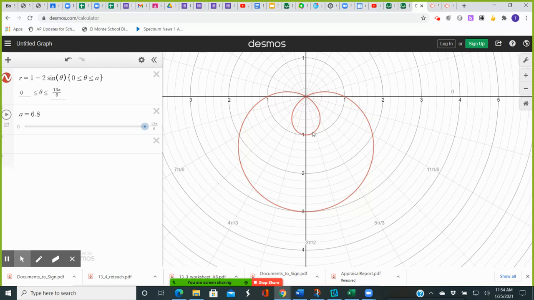So again, we want to find the area of the region between the two loops. So we have to find the area of the region inside the inner loop, the area of the region inside the outer loop, and subtract the area of the region for the inner loop from the area of the region inside the outer loop to get the area of the region between the two.